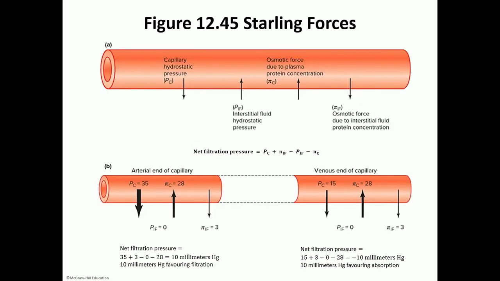Okay, so let's see how these forces, collectively known as Starling forces, act on the capillary. This is the arterial end of the capillary, and this would represent the venous end of the capillary. On the arterial end, you'll find that the pressure differences favor filtration.